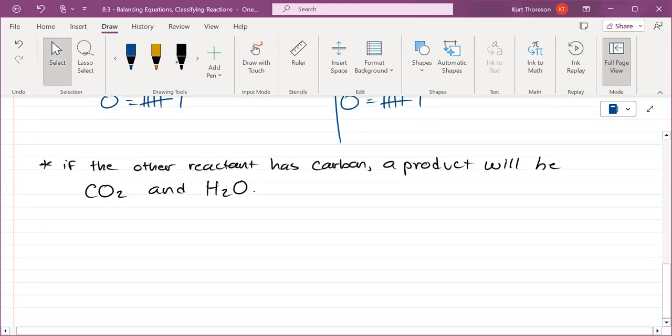So I'm going to come up with the equation with the combustion of methane. Okay.